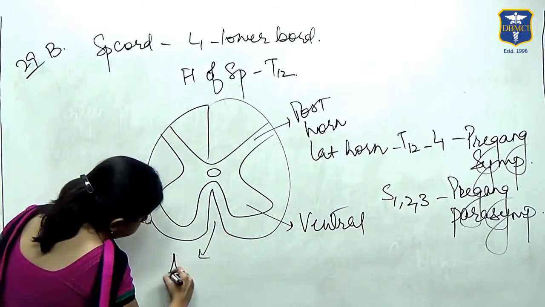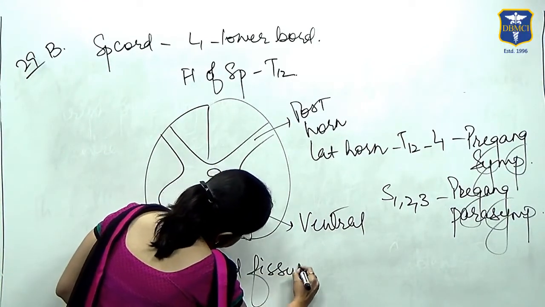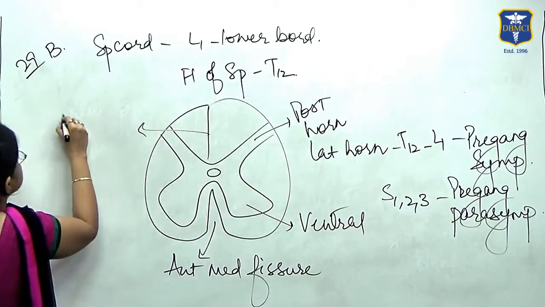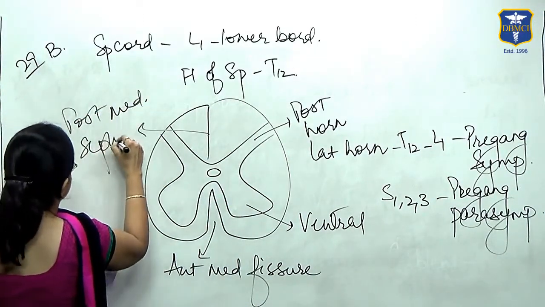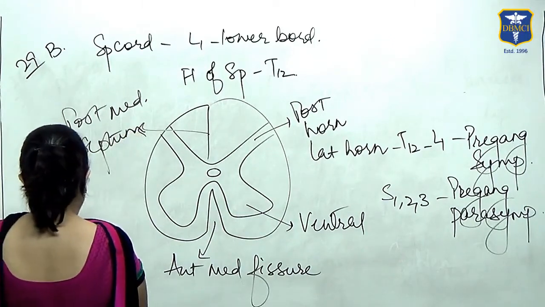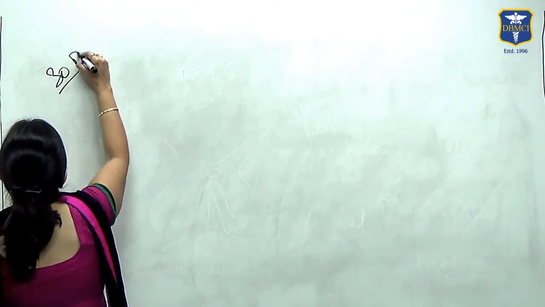This is the anterior median fissure, posterior median septum. Question 30, the answer is B.